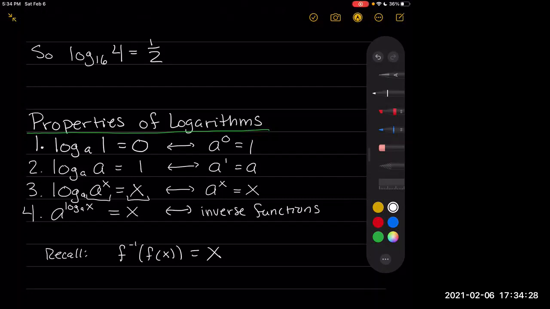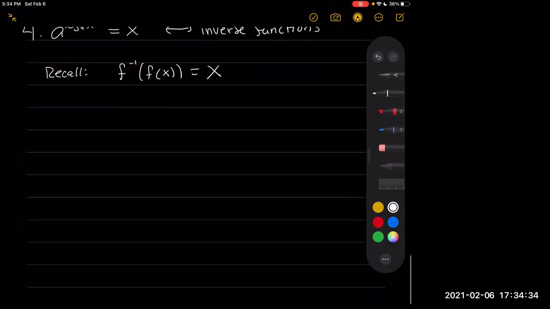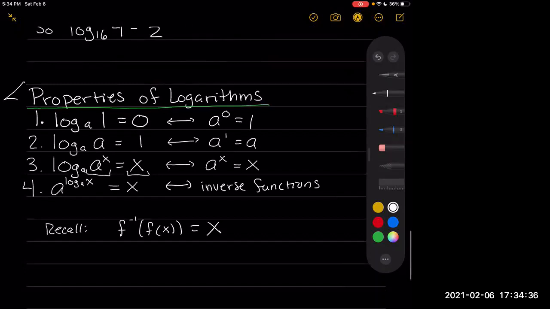Okay. So now we're going to look at how to graph a logarithmic function. Also, these properties up here are pretty important that you know. You're going to be using them a lot in this section.